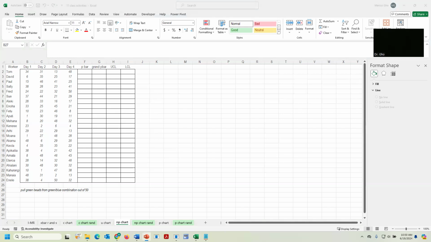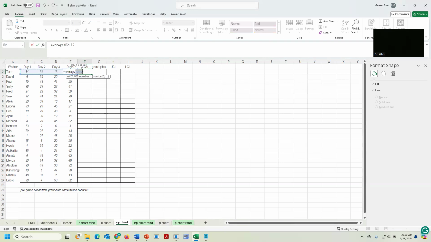The formulas that we'll use here, some of these are pretty simple. We'll have the P bar equals average. Like with this example, which I found online and modified from something else: if you have 50 beads, blue and green, what's the likelihood that you pull out all green beads?